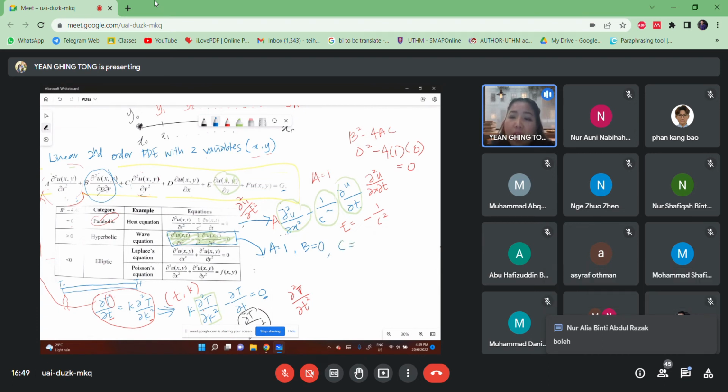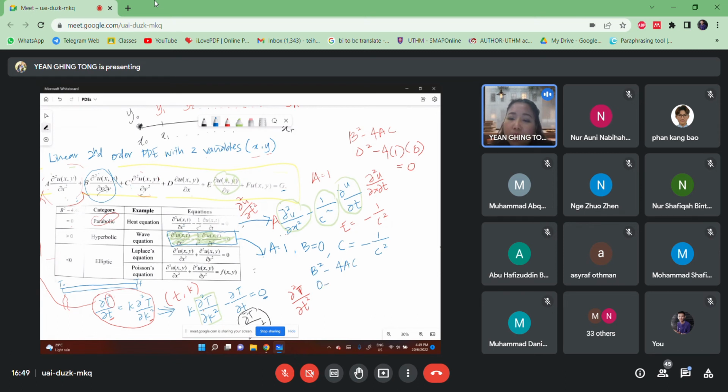C? Alia again, is there C? What is our C? Value of C. Nur Alia. So C is there. What is the value of C? Negative 1 over C square. That is C. Okay, so now I want to use B square minus 4AC.